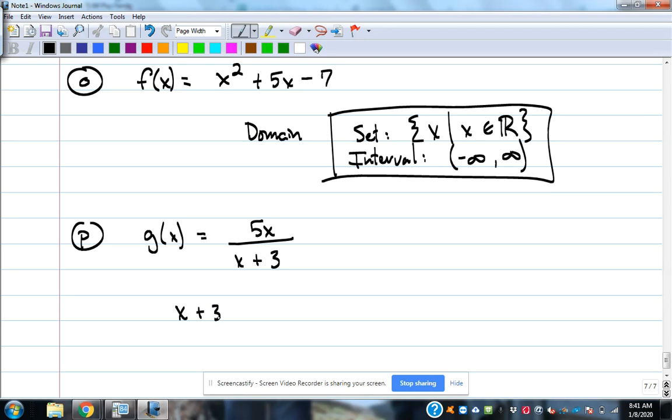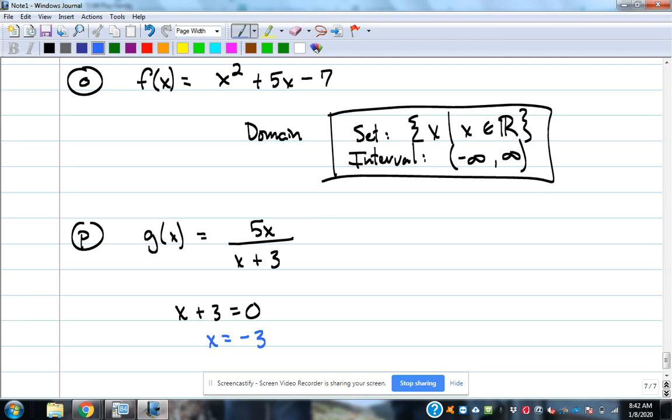So what makes the denominator be 0? So we set x plus 3 equal to 0. The denominator is the only part that could be a problem. So we're going to set the denominator equal to 0 and solve it. So that's an easy solve. That's negative 3, right? If x were negative 3, it would make the denominator 0. And you can't divide by 0. So that x value is the one that has to be thrown out.